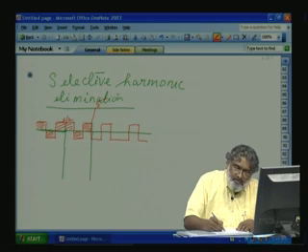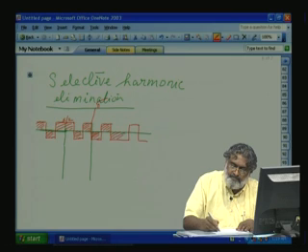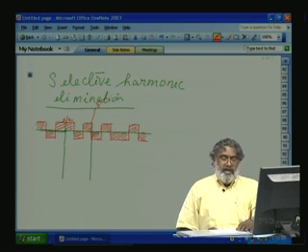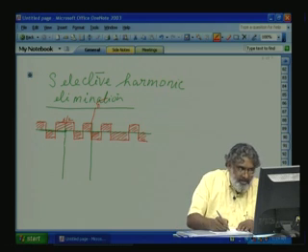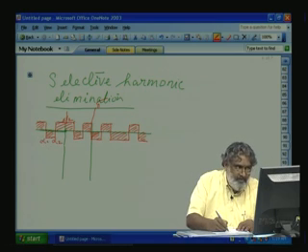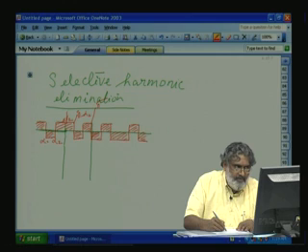So, we have introduced notches on the pi by 2 side at alpha 2 and alpha 1, and on the other side at pi minus alpha 2 and pi minus alpha 1.